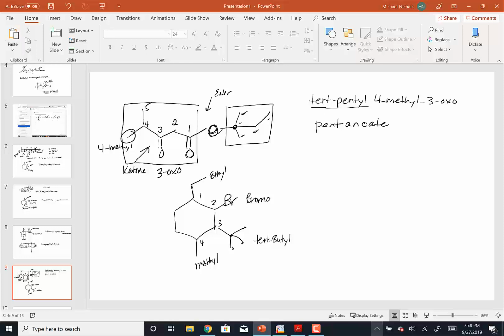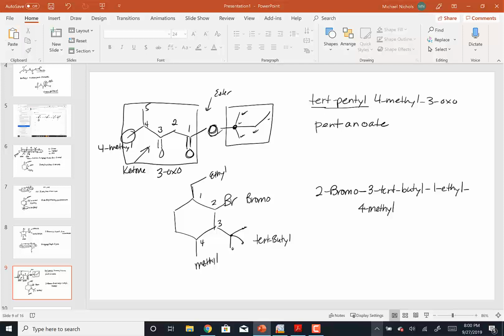So it appears as though we have a 2-bromo first, then we have a 3-tert-butyl group, then we have a 1-ethyl group, and then finally we have a 4-methyl group. So 2-bromo, 3-tert-butyl, 1-ethyl, 4-methyl.